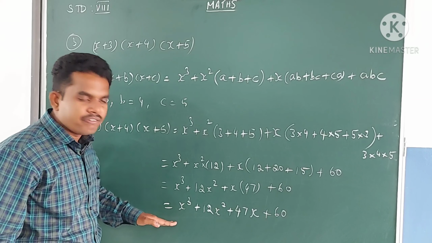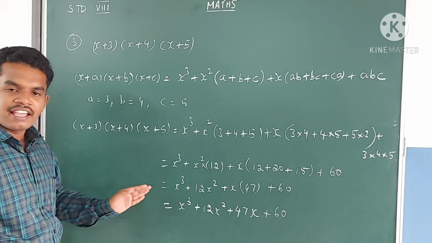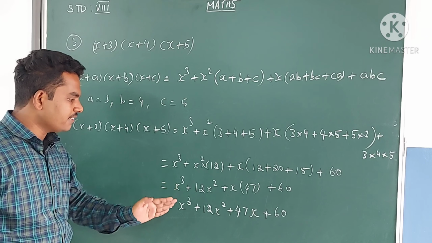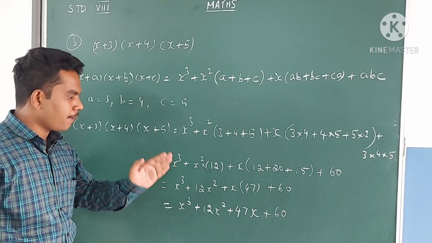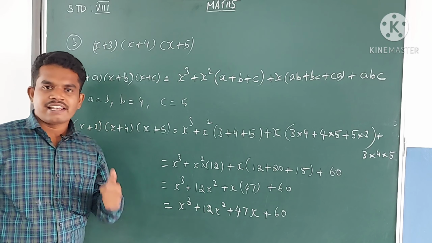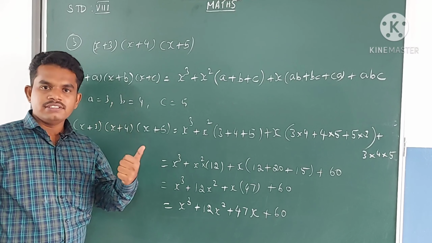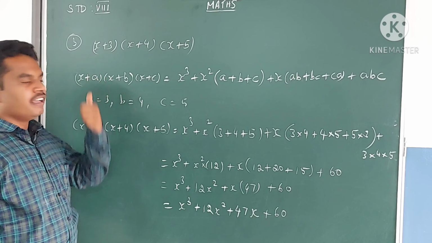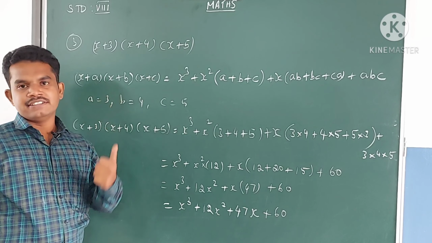So this is the simplified answer: x cube plus 12x square plus 47x plus 60. Okay. So in this class we have learnt the cubic identities and the applications of three identities.